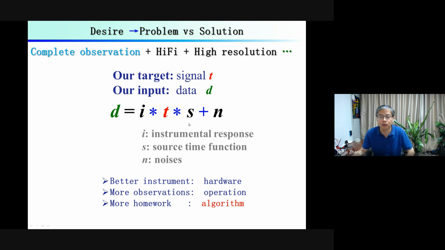So this is the model: the noise plus the convolution of the instrument response, the target, and the source time function. Our task is to extract T as much as we can from data D.